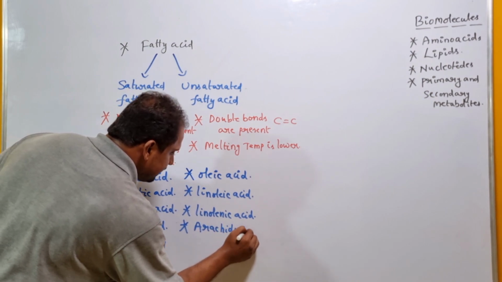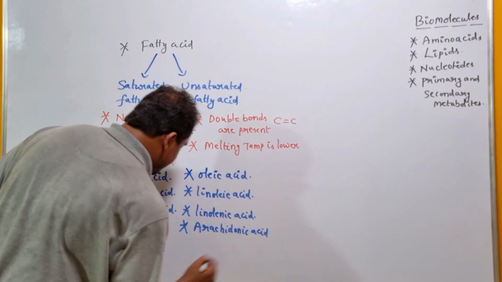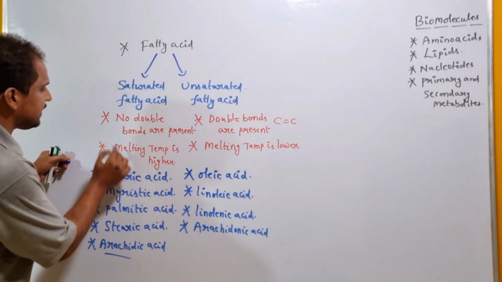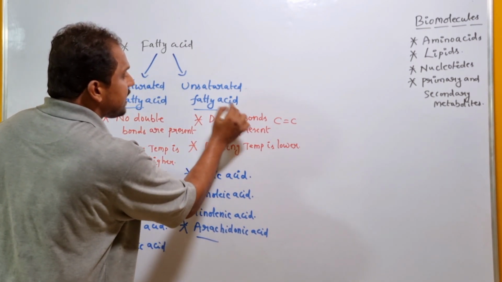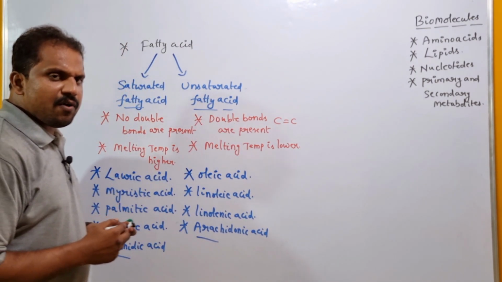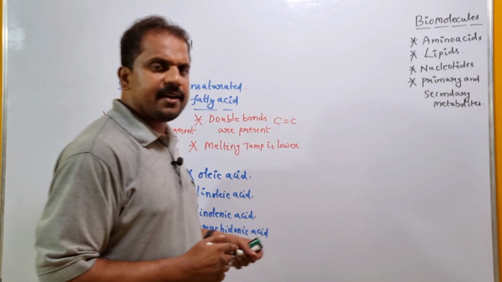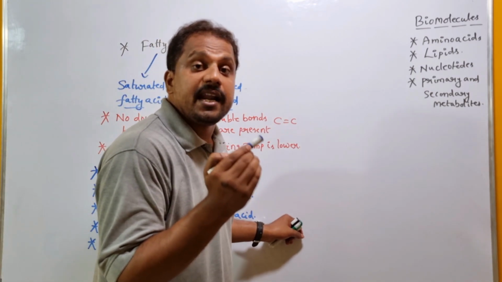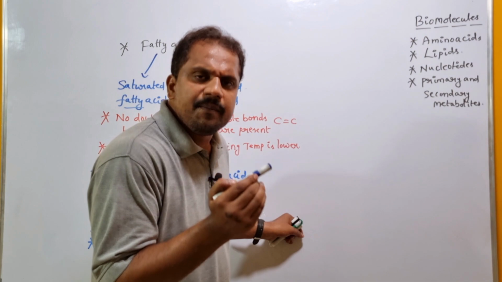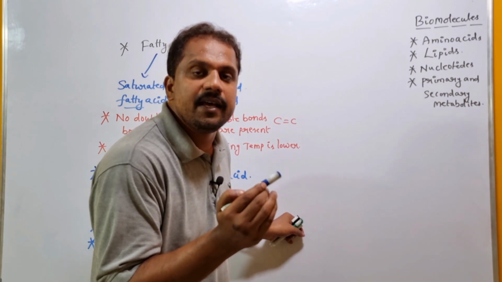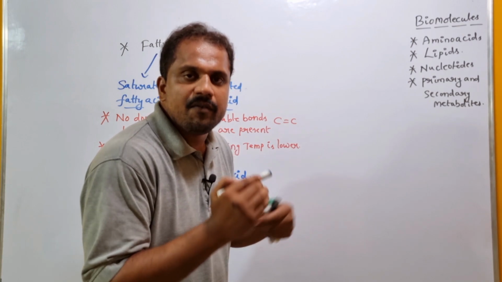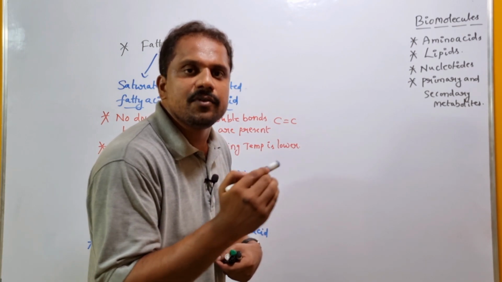Right? So arachidic acid is a saturated fatty acid, whereas arachidonic acid is an unsaturated fatty acid. And as I have already mentioned, unsaturated fatty acids contain double bonds, but the number of double bonds won't remain similar. It varies from one unsaturated fatty acid to another.